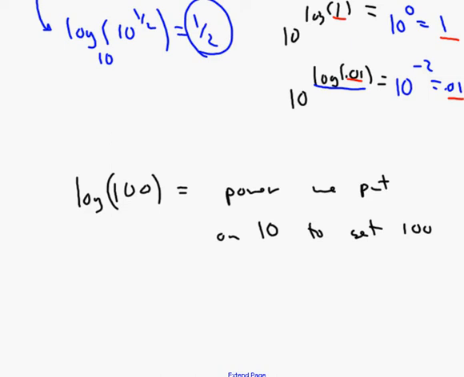But even if you didn't know that, if for some reason you didn't know what log 100 was, but you knew what this sentence was telling you, you should still be able to answer the question. Log 100 equals the power we put on 10 to get 100. Well, I'm taking 10 to the special power we put on 10 to get 100. By definition, you have to get 100.